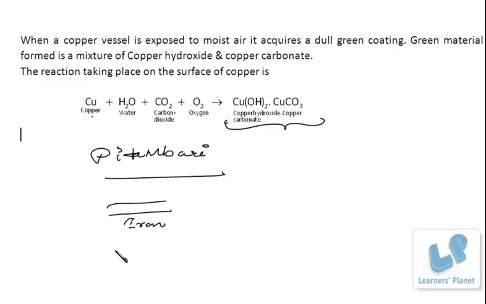So iron will get rusted here. Iron will get corroded from inside, and we'll get iron particles in the form of rust. And slowly what will happen? This iron pipeline will get dissolved. But it doesn't happen. Why so?